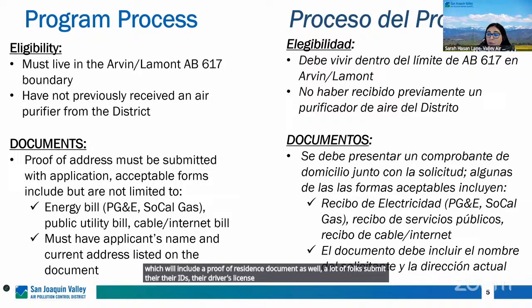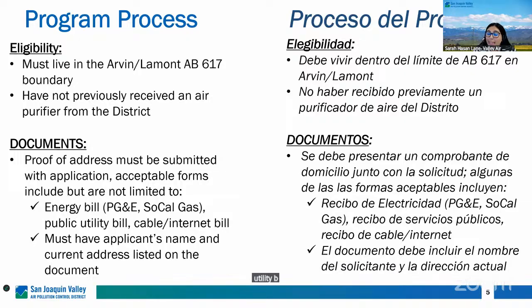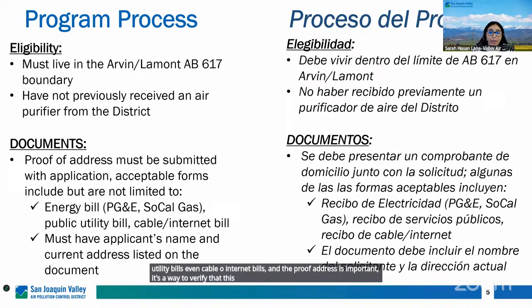We've seen some utility bills, even cable or internet bills. The proof of address is important as it's a way to verify that this device is going to an applicant that lives within the Arvin Lamont community. It also ensures that we send the device to the correct address. Some folks could transpose numbers when they submit the application, so it's a double check for us to make sure we're sending it to the correct place as well.